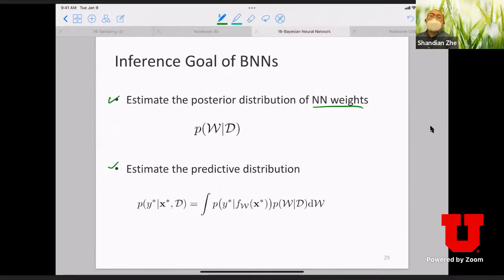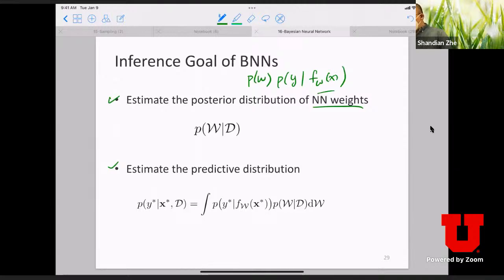So we know that neural networks are parameterized by the weights, right? So you assign the prior over the weights. Then, given the weights, you can give the prediction over any input, right? So the prediction itself will be a random variable as well. So basically, this is a valid joint distribution.